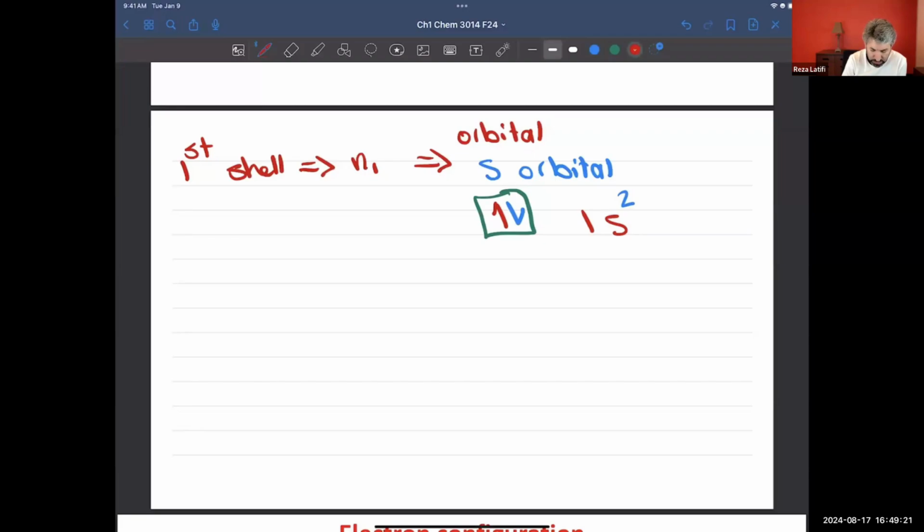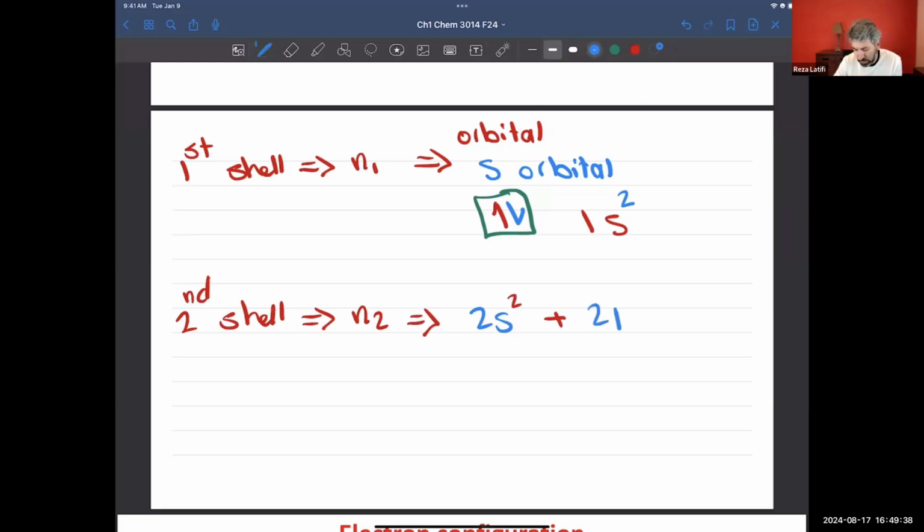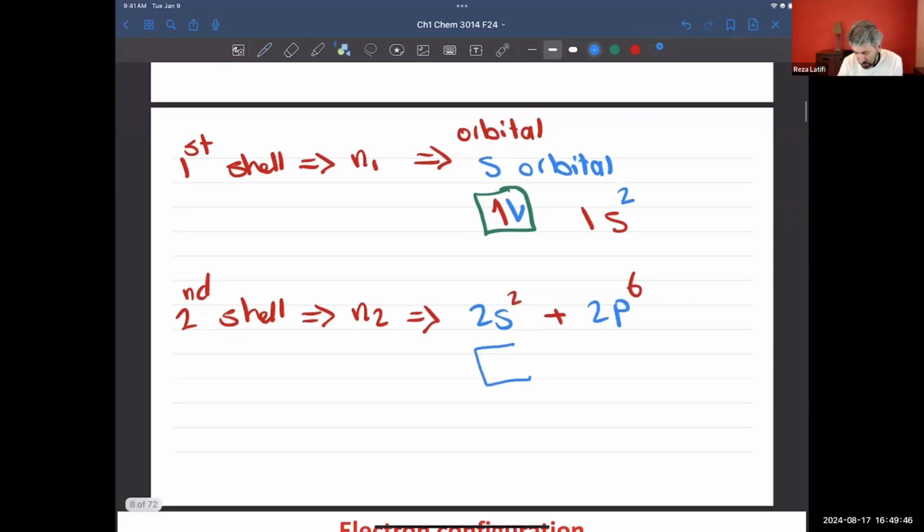The second layer, or second shell, N2, can have 2s, which accommodates 2 electrons, plus the 2p orbital, which is capable of accommodating 6 electrons. The s orbital is made of one box, while the p orbital is made of 3 boxes.